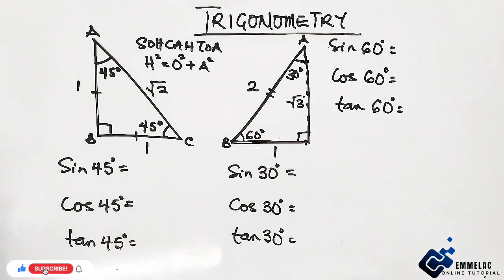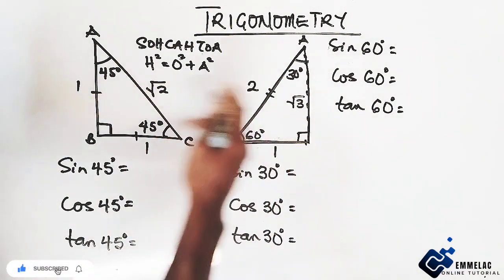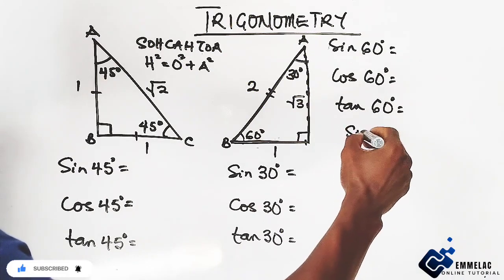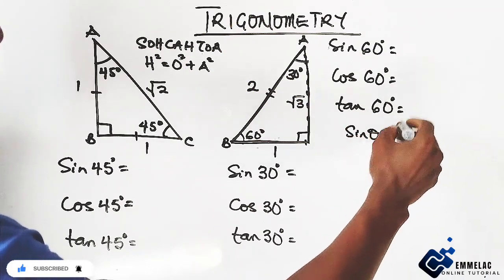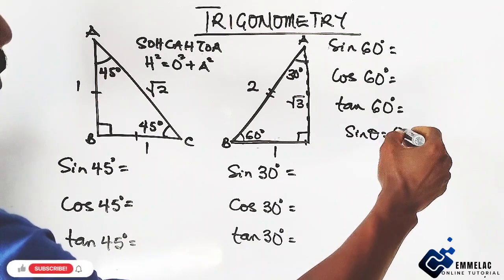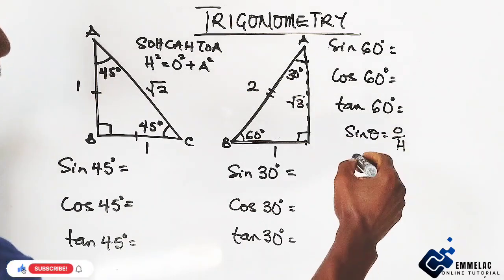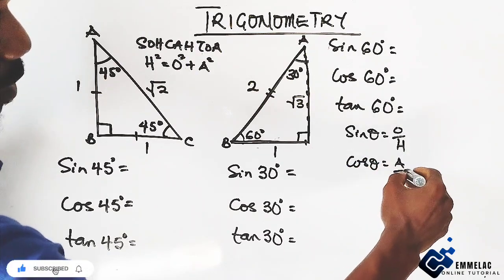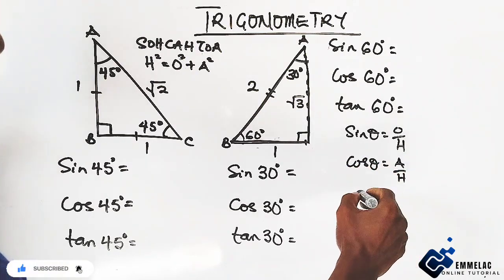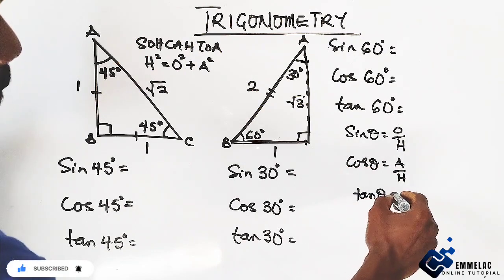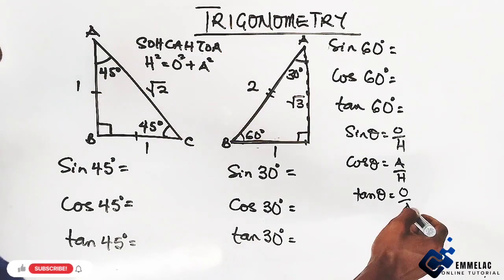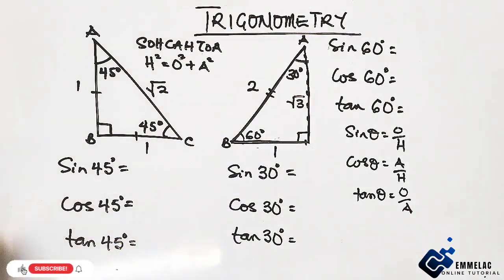Now let us also recall from our SOHCAHTOA: sine theta will give us opposite over hypotenuse, cos theta will give us adjacent over hypotenuse, and tan theta will give us the opposite over what? Adjacent. Okay.